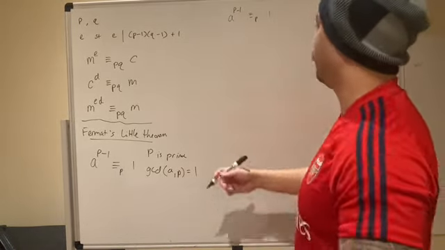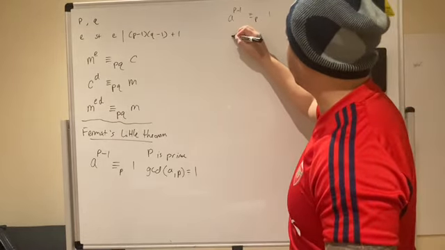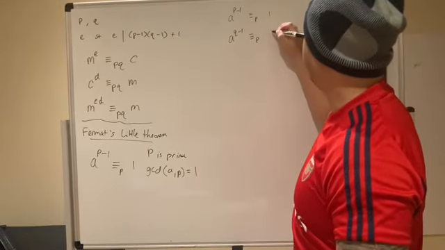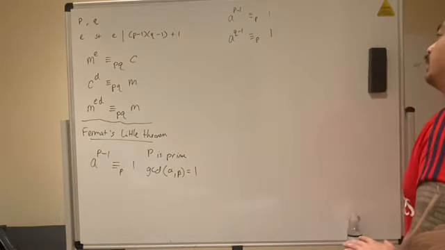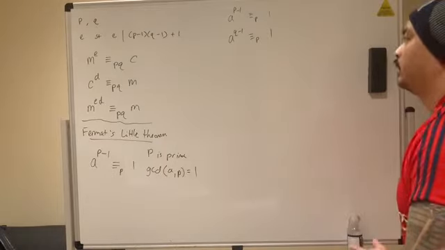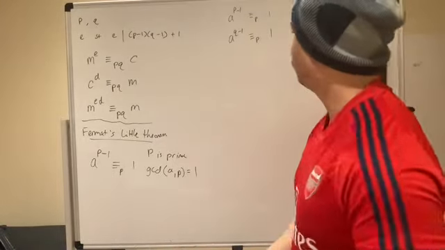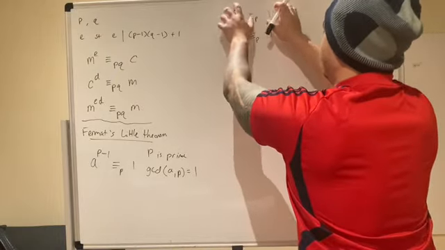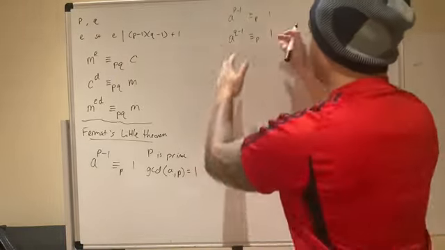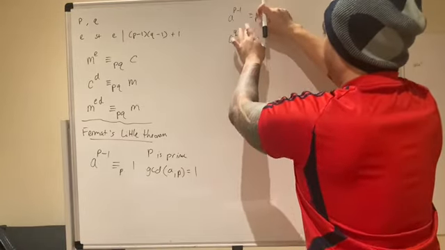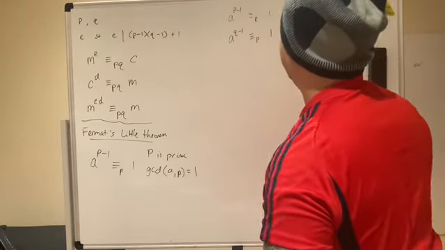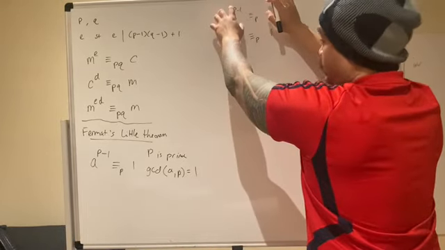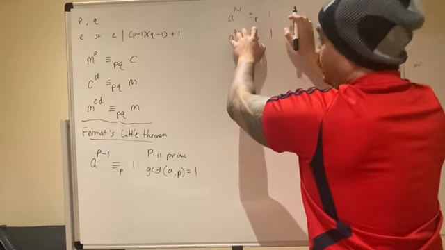But this works for any prime number, so I can make another equally valid statement: A^(Q-1) mod Q equals 1. And we have a property of modular arithmetic that if you take any one of these and you raise both sides to the same exponent, the relation will still hold. So what I'm going to do is raise the first by Q minus 1, and I'll raise the second by P minus 1.